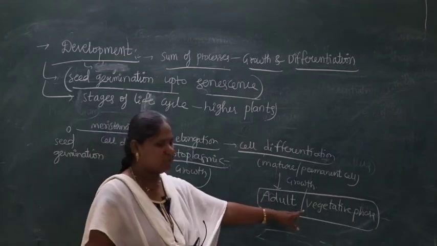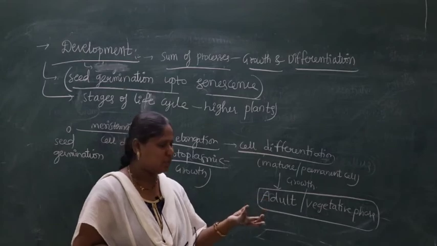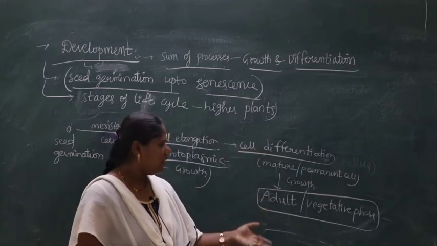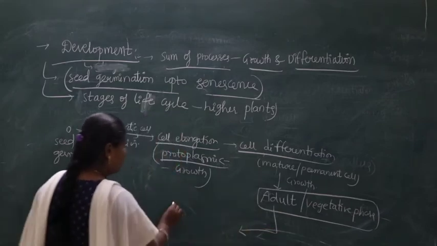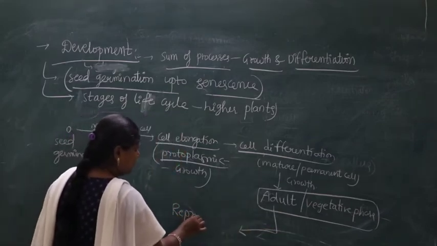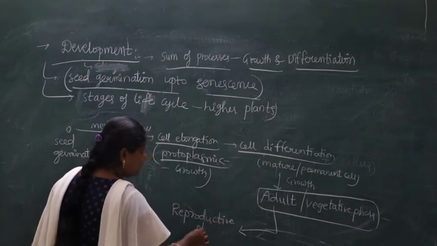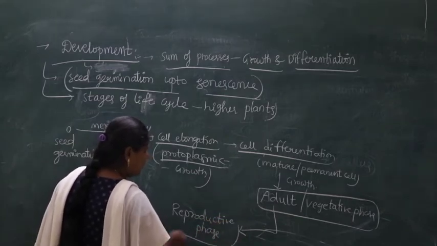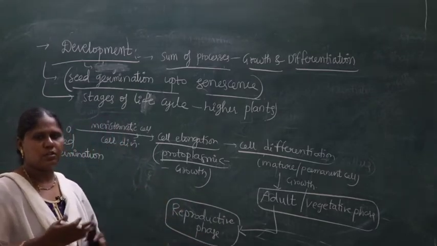Adult plant shows vegetative phase or juvenile phase. Vegetative phase means it forms complete root, stem, leaves and all that. Then it enters into reproductive phase. In the reproductive phase, it undergoes reproduction, transfer of pollen grains from anther to stigma, maybe self pollination, cross pollination.